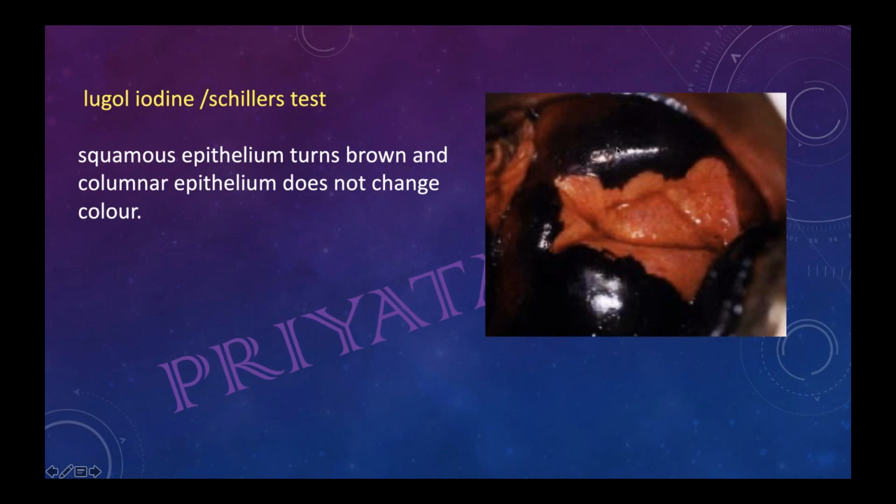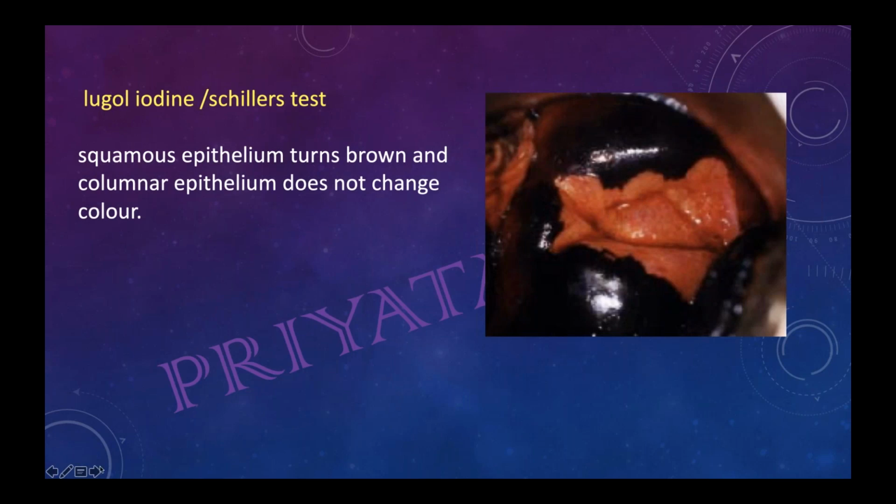If the iodine negative area is there, that means some dysplastic changes are there, and you will take a biopsy from that area. But I have put only a picture of the normal thing, that is, what the normal appearance of the cervix will be if this Lugol's iodine is put.